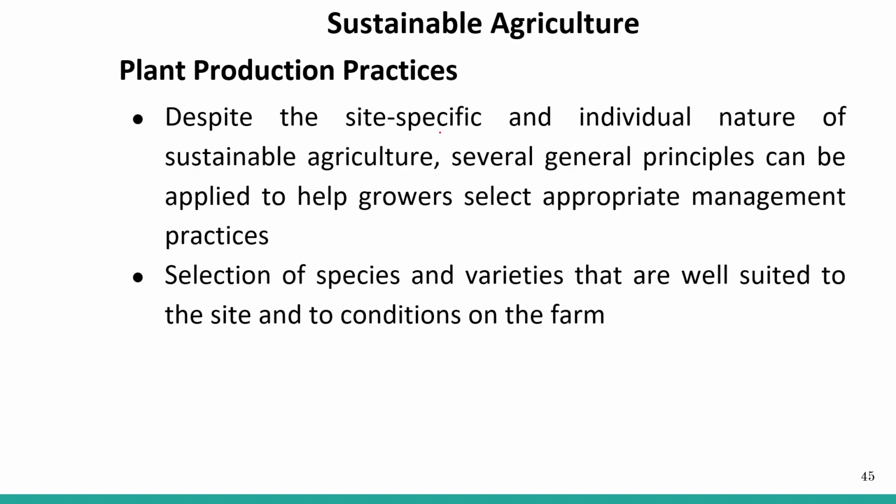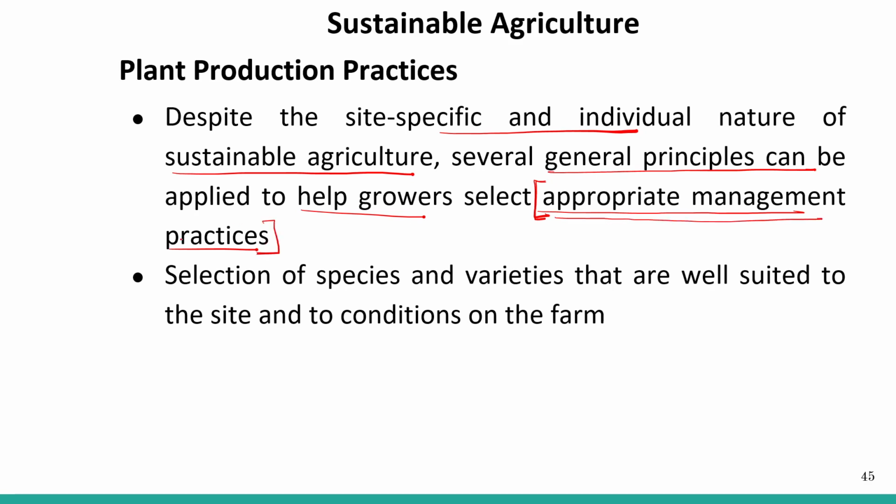Despite the site-specific and individual nature of sustainable agriculture, several general principles can be applied to help growers select appropriate management practices. Generally, farmers are not aware of these things, the appropriate management practices. So we must train those farmers.